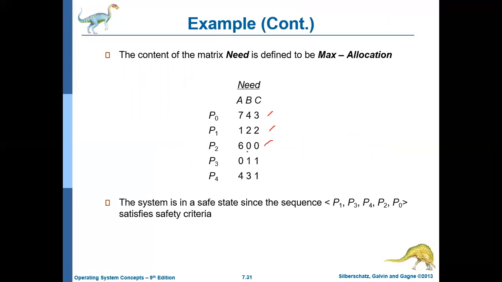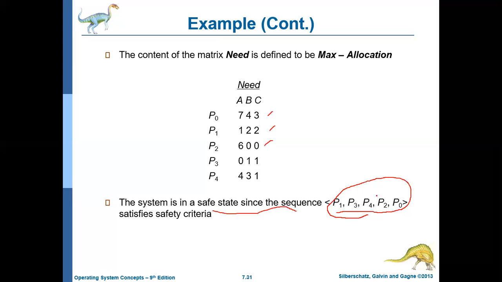Now let us check whether this is a safe state or not. Yes, this is a safe state because there exists a safe sequence: P1, P3, P4, P2, P0. If the processes execute in this order, then the resource requests of all the processes can be satisfied.